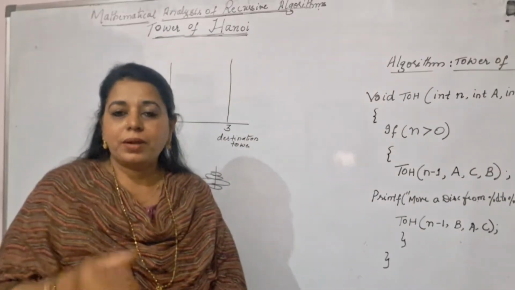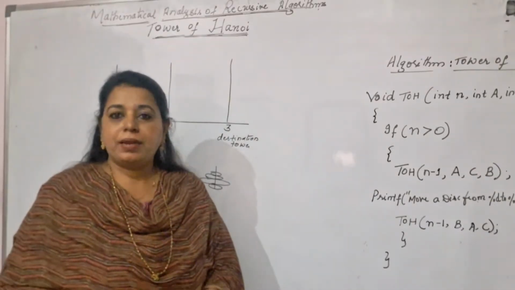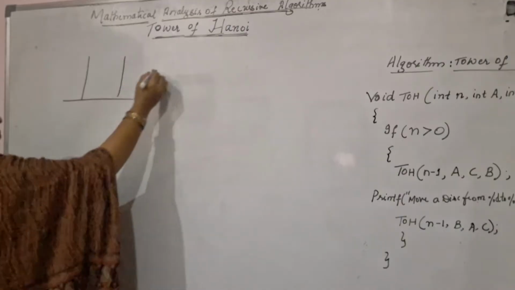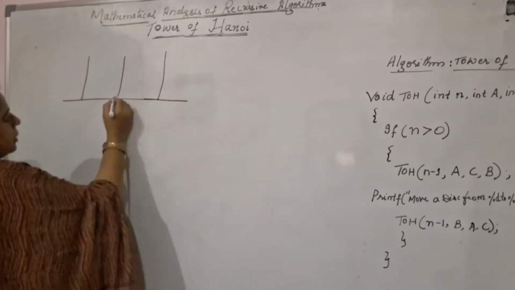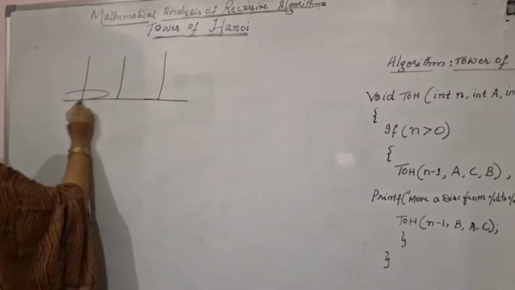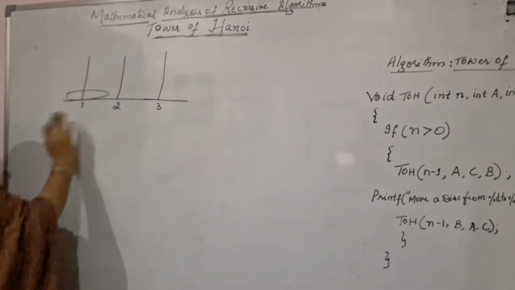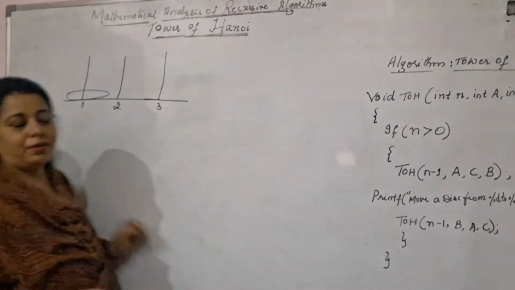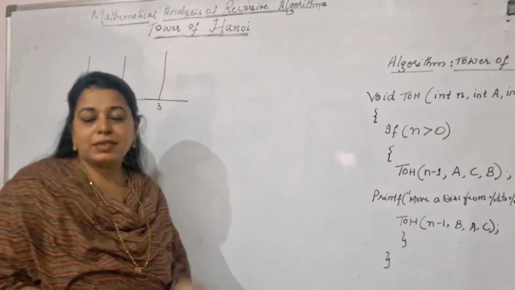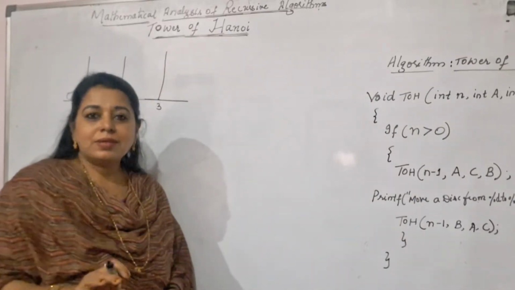To carry this out, I'll just show you with one simple example. Initially I'll assume the problem to be a very small problem. The smaller problem here is that only one disk is placed in the first tower. You are being asked to move this disk to the destination tower. So this is the simplest job.